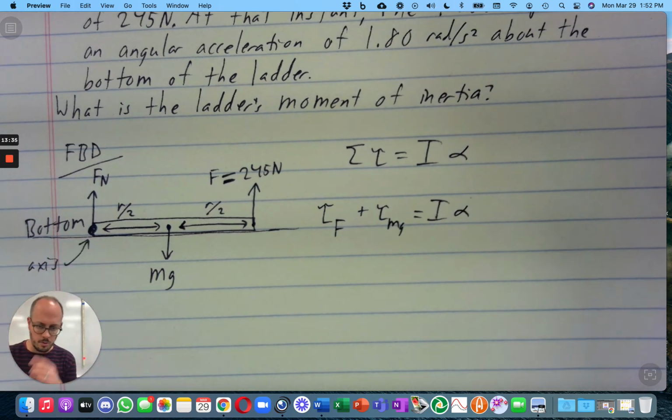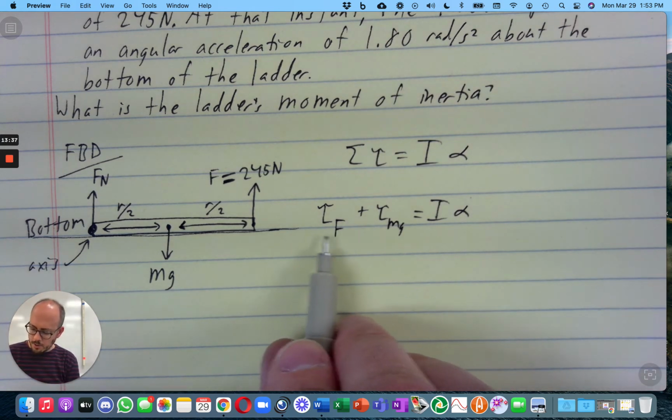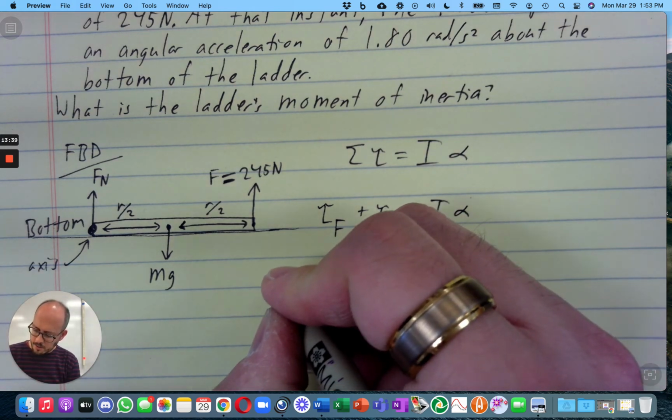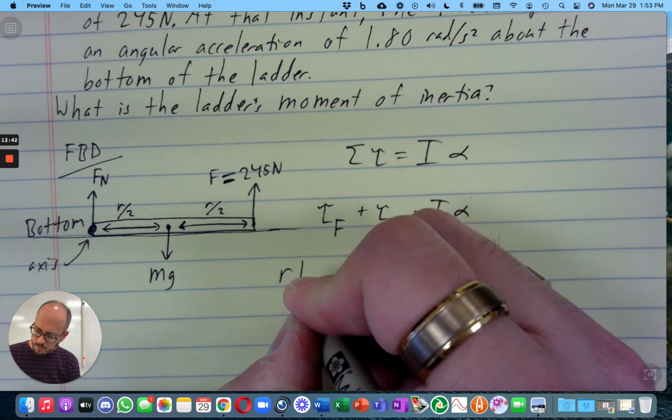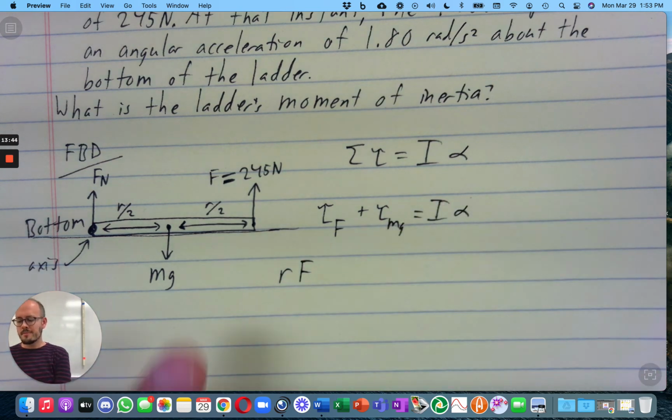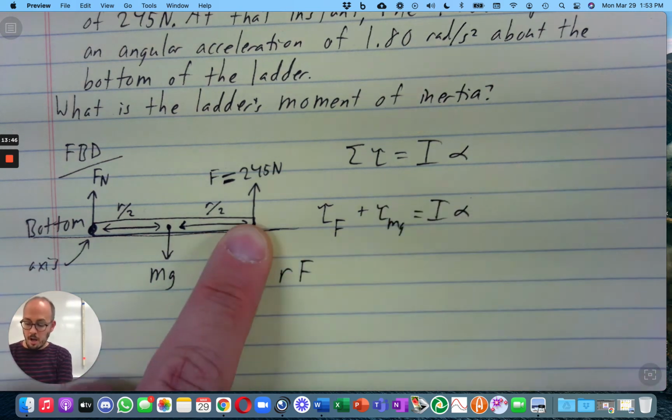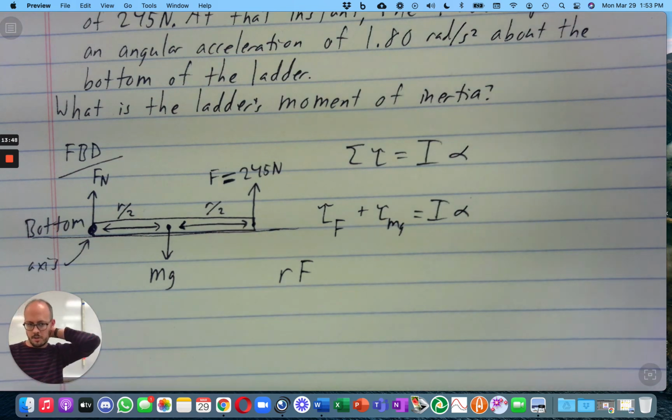It produces no torque. The torque due to force F is going to be R times force F, and it's going to be positive. Now, the convention is that counterclockwise is positive, but it doesn't matter. As long as you're consistent with all of your directions, then you'll be fine.